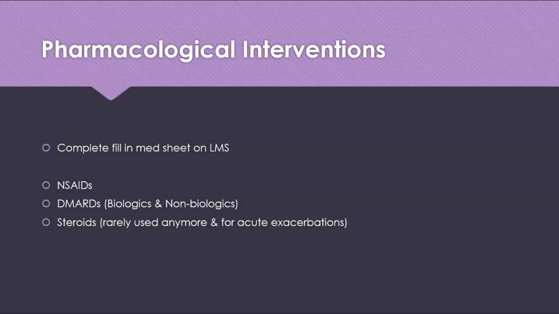It is given by IV infusion. Remember, those MAB drugs work on the immune system. I think we've talked about them in previous classes. There is a table in your textbook that lists out some of the different biologic meds. Again, with any of them, because they are working to suppress the immune system, the risk for infection is high. So making sure to teach patients to watch out for signs of a fever.